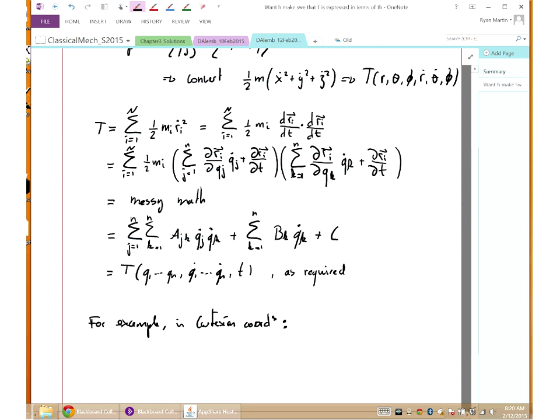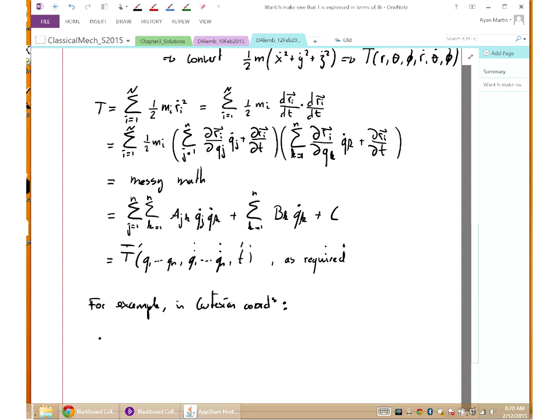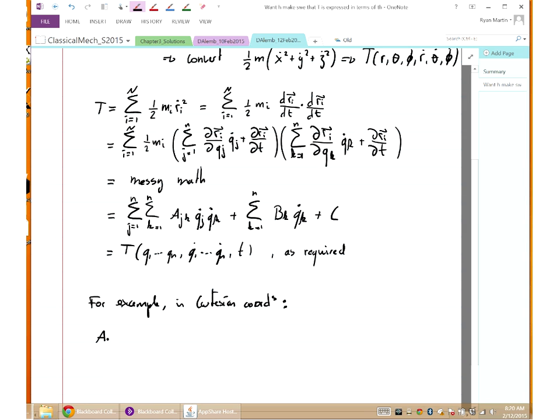And so then what we find is that a_jk is equal to a half m_i, and then I'm going to introduce what we call the Kronecker delta.